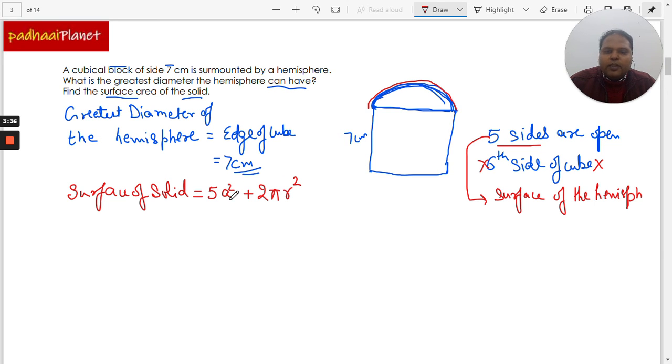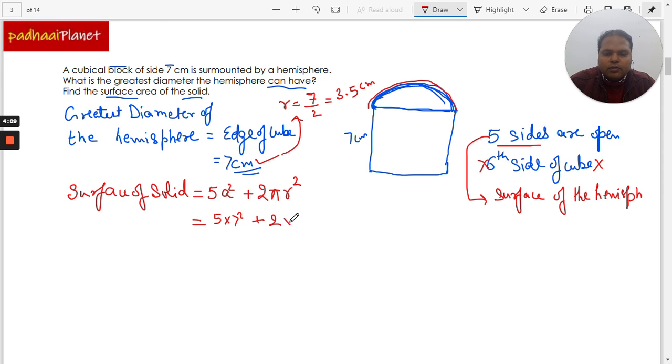Now we already know the value of a, and r we just found out. R is not this, this is diameter 7 centimeters. So we can say from here the radius of the hemisphere will be 7/2, and that's going to be 3.5 centimeter, right?